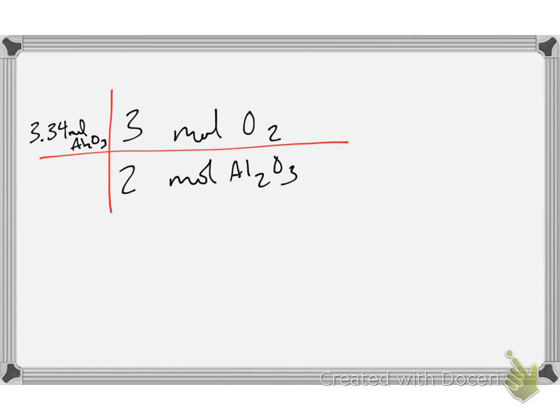So 3.34 times 3 divided by 2 gives me 5.01 moles, and now you should notice that I'm in O2. This is my final answer for this step.